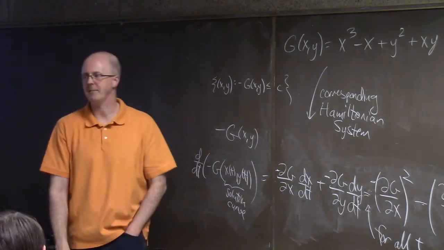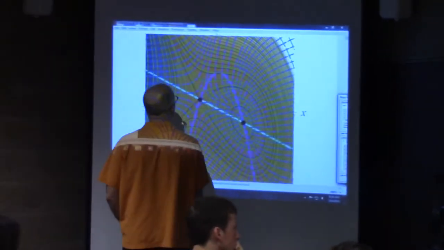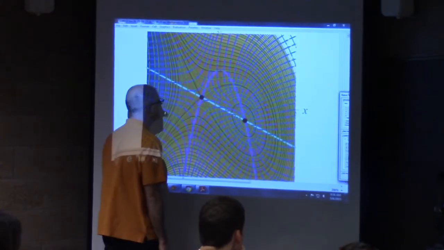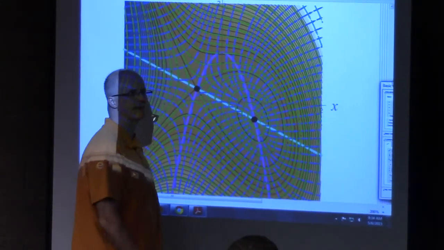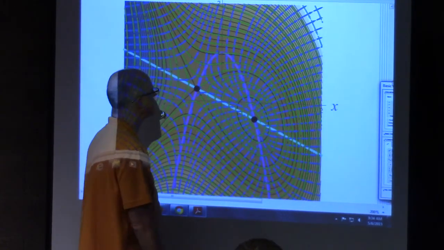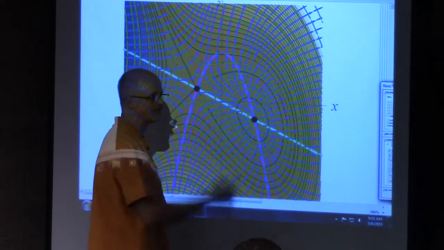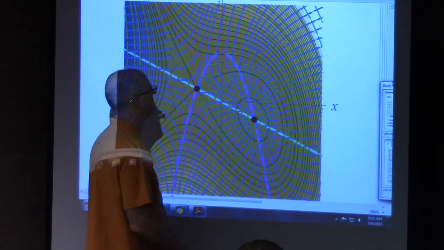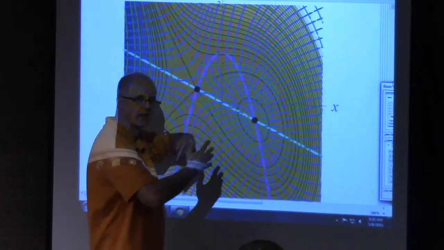Those sets are trapping regions in the sense that once solution curves go inside them, they stay inside them. That's a little tricky here again, because I need to think about the Lyapunov function being the opposite of the gradient of the capital G. If I was graphing negative g, if I was graphing the Lyapunov function, it would be dark up here and light in here. The shading would get switched.